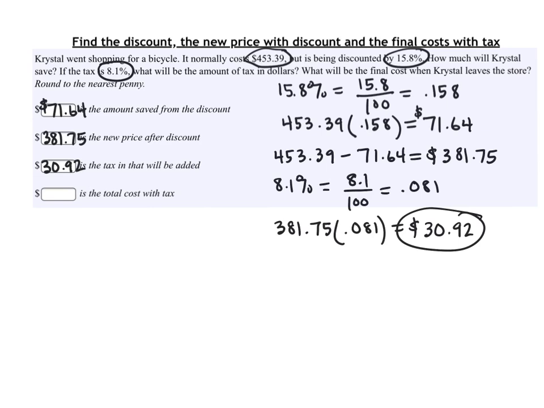Now to get the total cost, we take our discounted cost, $381.75, and add tax to it of $30.92. And the final we'll pay at the register is $412.67.